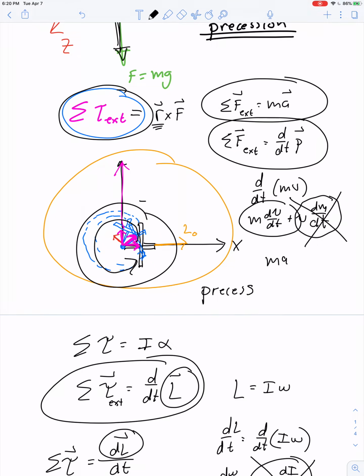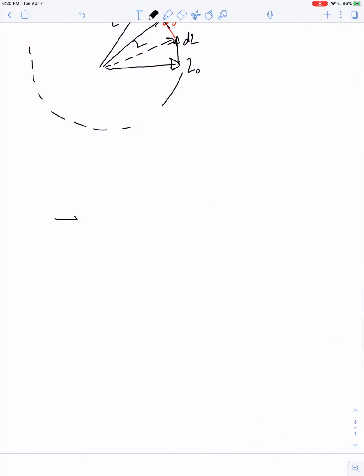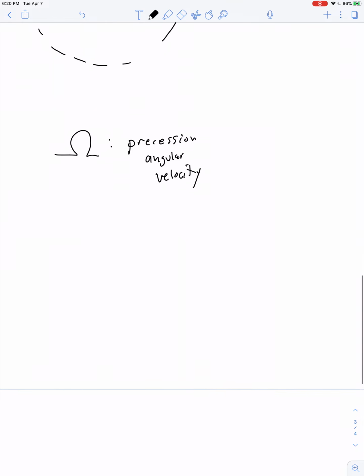So we'll call that capital omega. And Greek letter omega, when capitalized, has this horseshoe shape. So we're going to define capital omega as the precession angular velocity. So what is that value?